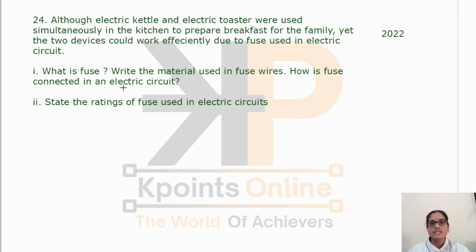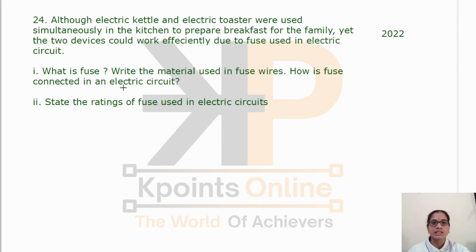We know that fuse is an electric device which protects the circuit and other appliances by stopping the flow of current when there is large excess of electric current flowing through the circuit, that is, when there is any unduly high current flowing through the circuit. How will it protect? The fuse consists of a wire which is made up of a metal or an alloy having the appropriate melting point.